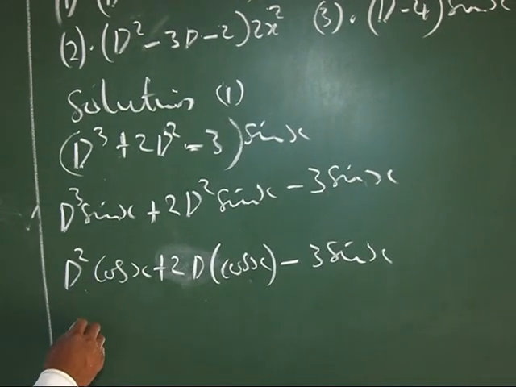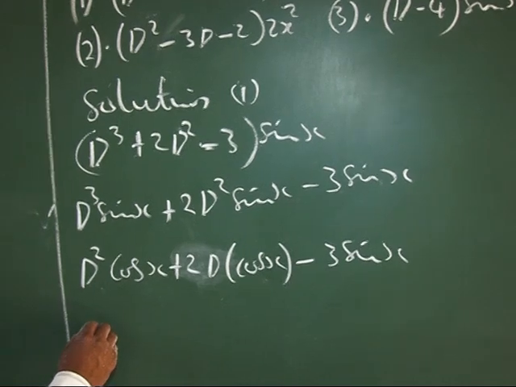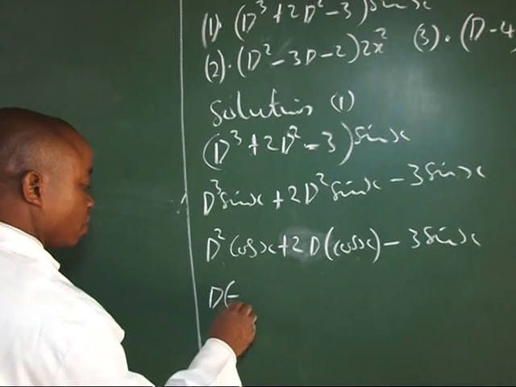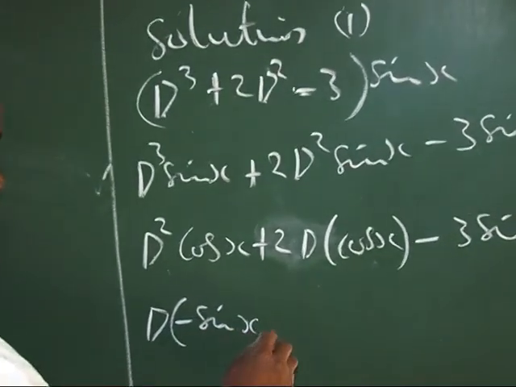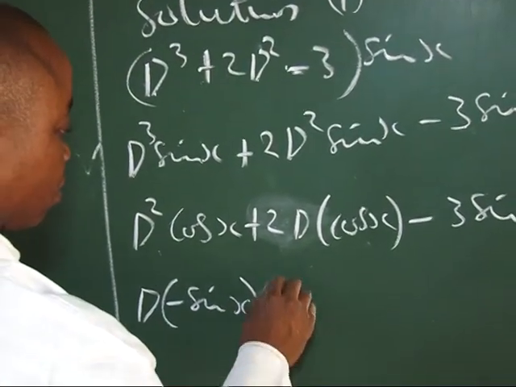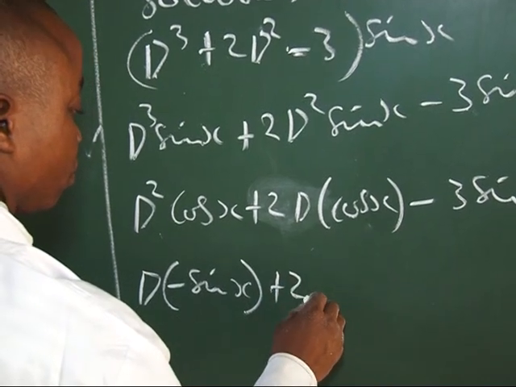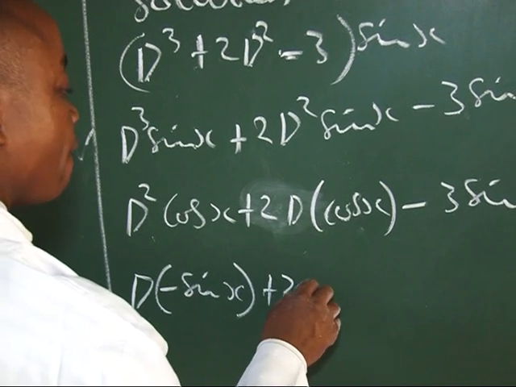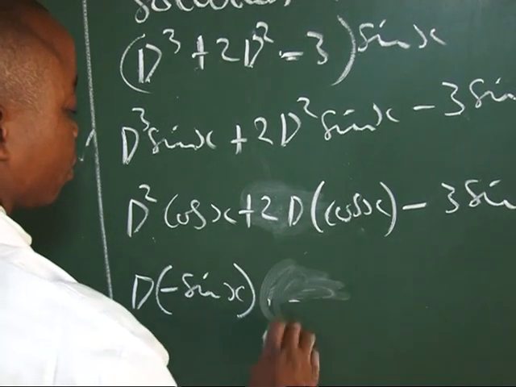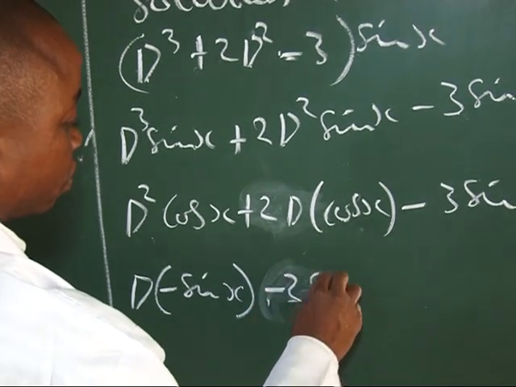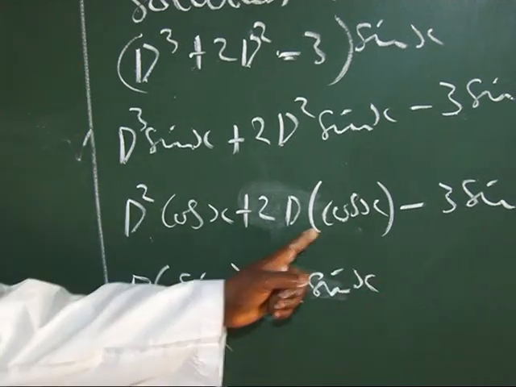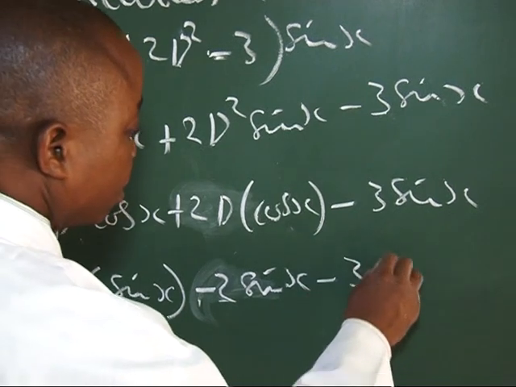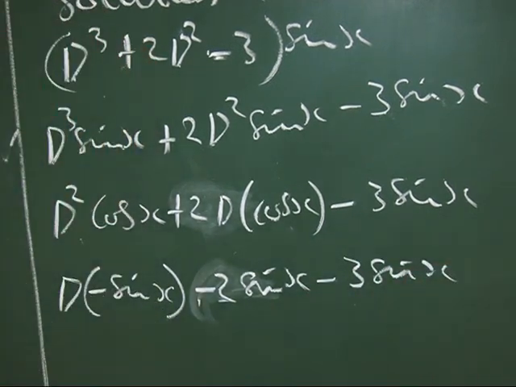Now here, we can have D of minus sine x plus 2, and then we have minus 2 sine x. You know, we have differentiated this. So we have minus 2 sine x minus 3 sine x.